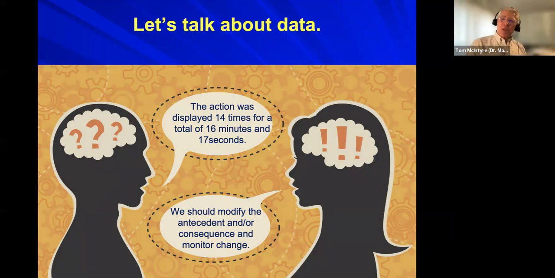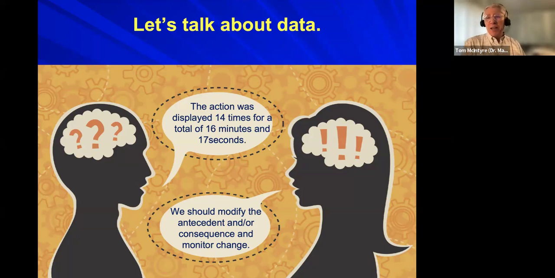And in this case, the person watching, observing the individual and looking for this particular behavior, the collection of data showed that that behavior happened 14 times. And it must have been looking at how long the behavior lasts each time, because there's a total of 16 minutes and 17 seconds. You see the numbers there, the numerical information.